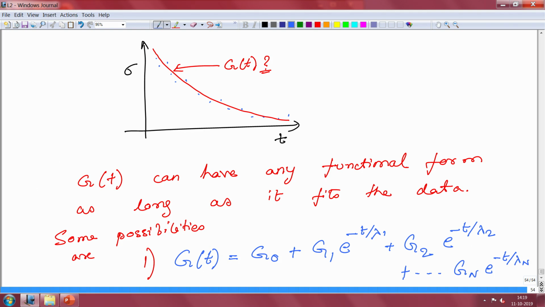When we discuss the Maxwell model, we will in particular focus on this e to the power minus t by lambda form. We will see that it comes out very naturally for a Maxwell model. This is one possible functional form.